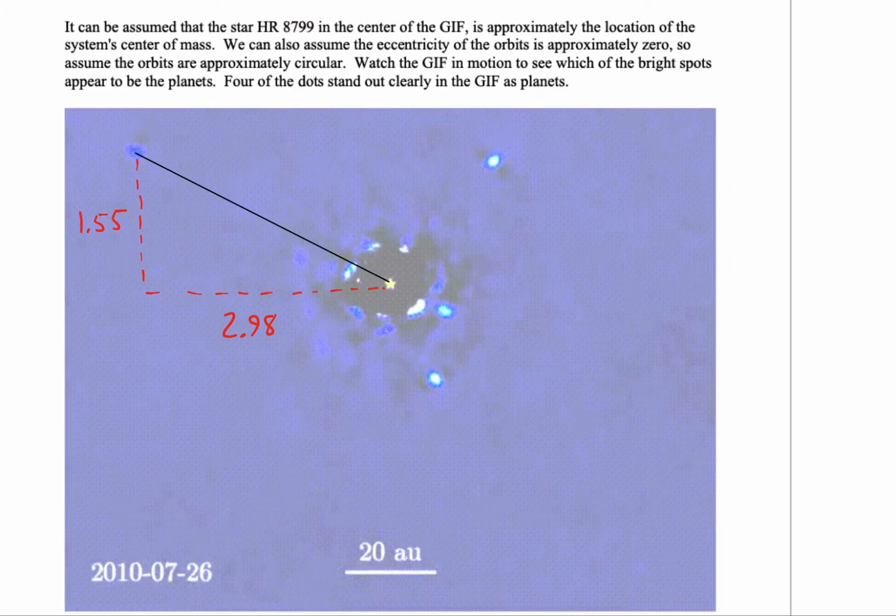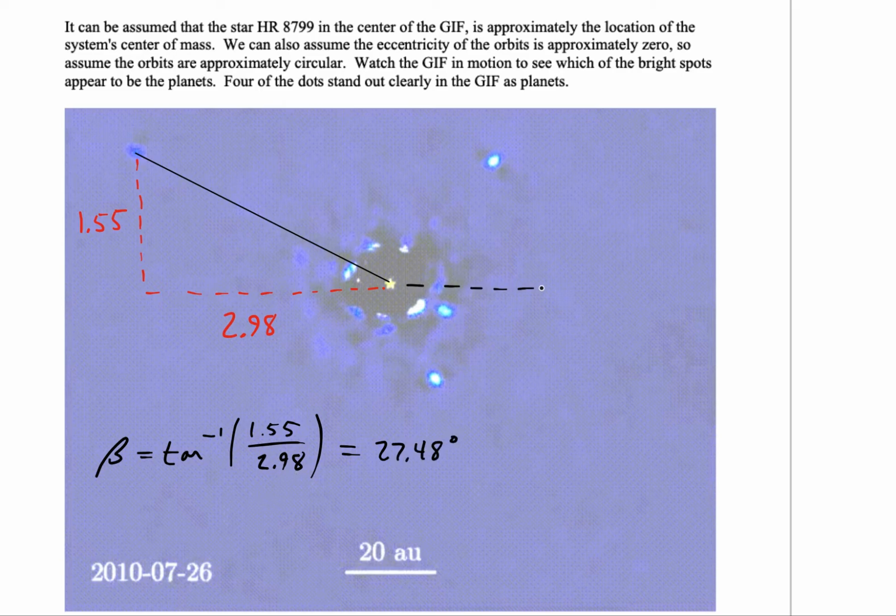Those are just in the units of that program, which are meaningless, but it helps me find the angle, right? So I can say beta equals the tan inverse of 1.55 over 2.98, 27.48 degrees.